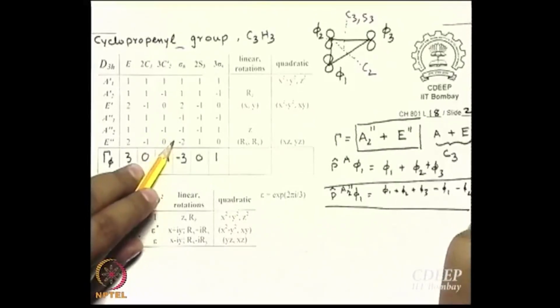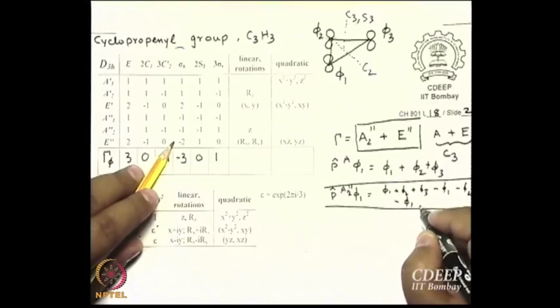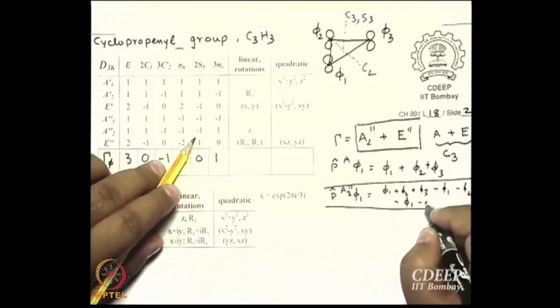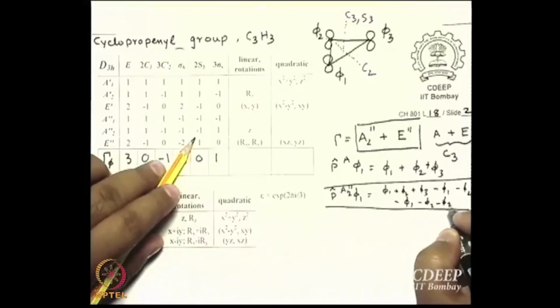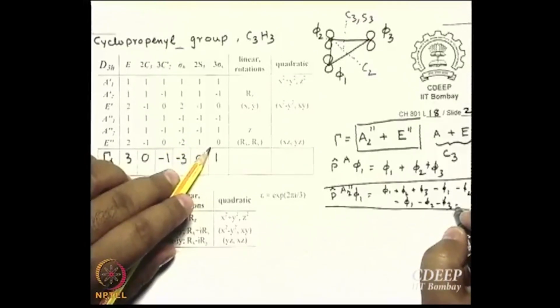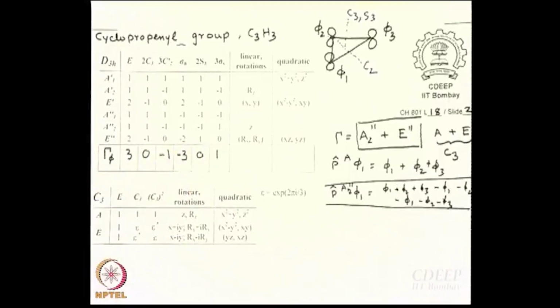Then sigma h, minus, then S3, minus phi 2 minus phi 3, then 3 sigma v's, I think it will be sigma 1, sigma 2, sigma 3. Okay. So finally you get the same answer. It's just that the coefficient, yeah?